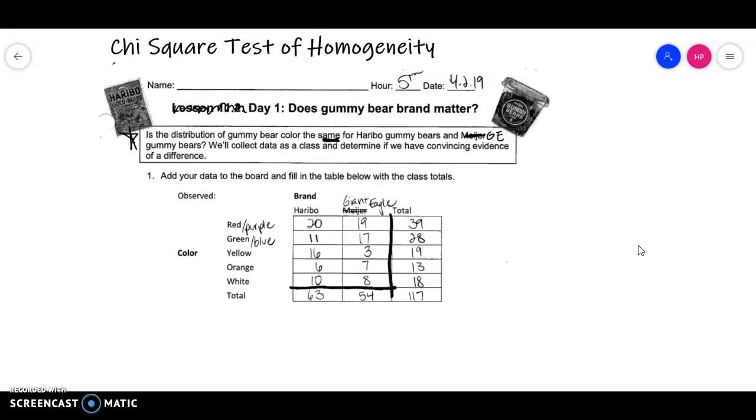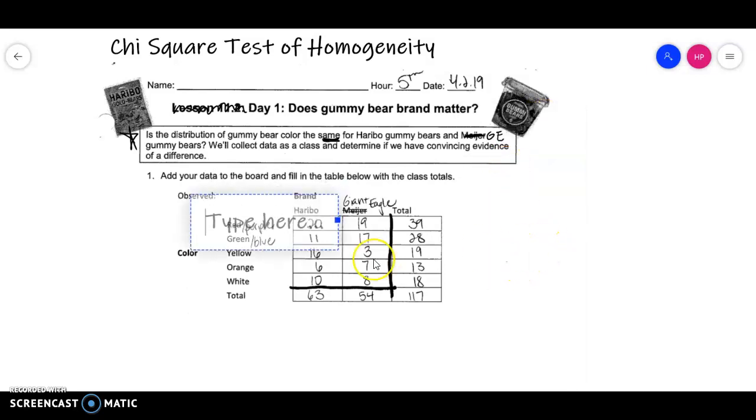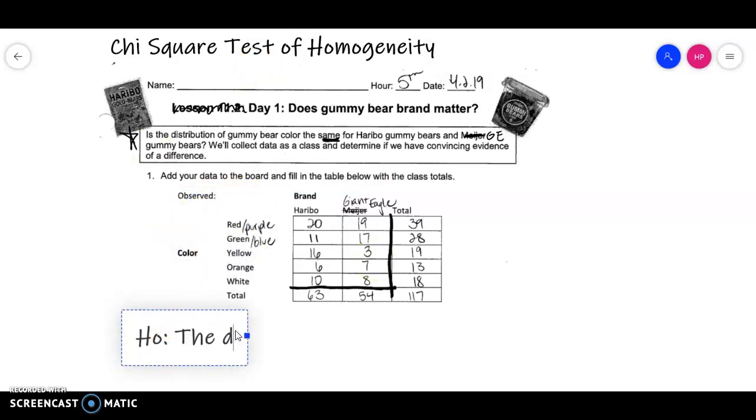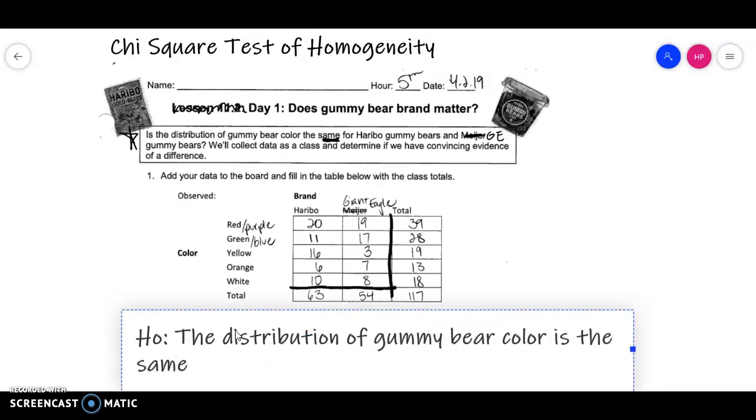It's the observed and expected, just like it was with goodness of fit. So my hypotheses, again, are much easier to do in words. My null hypothesis being that the distribution of gummy bear color is the same for Haribo as it is for Giant Eagle.